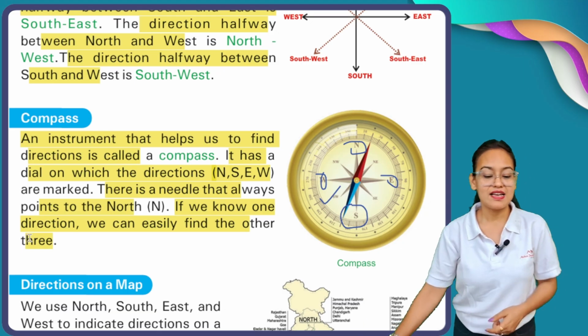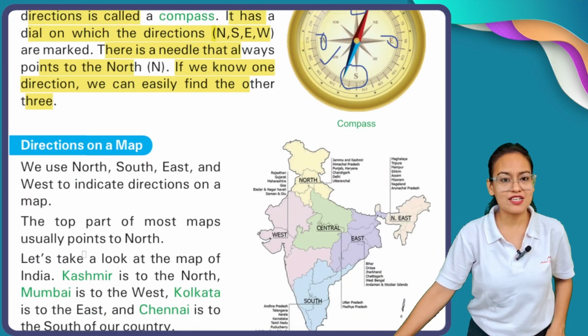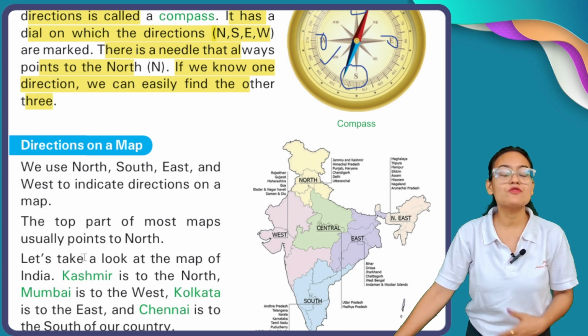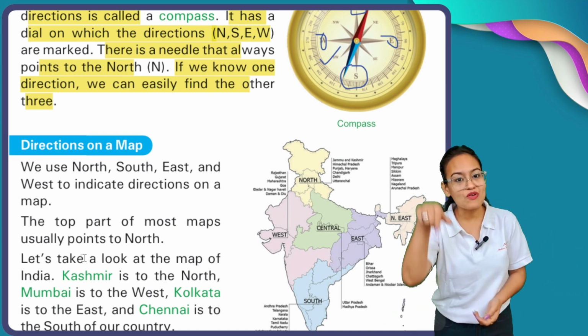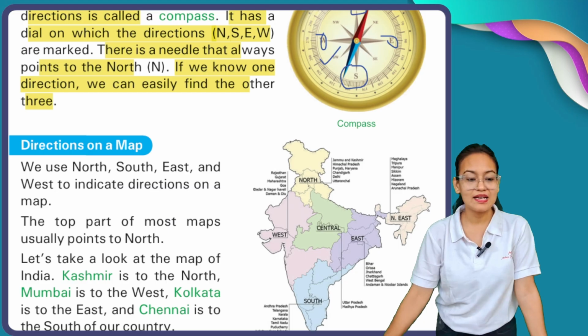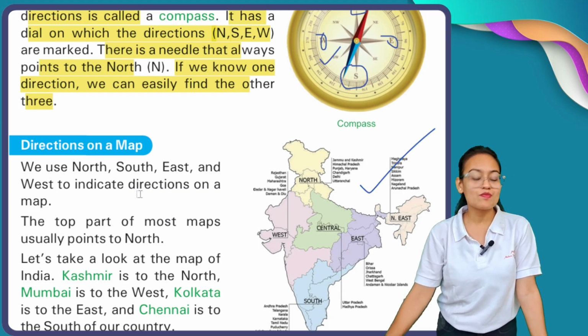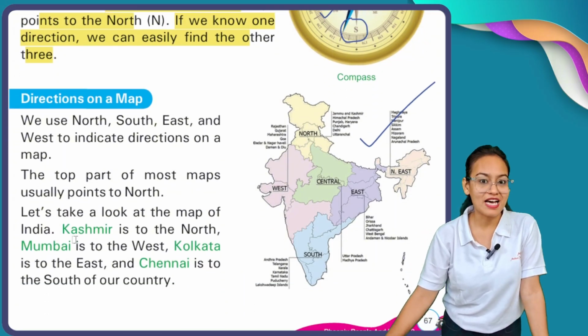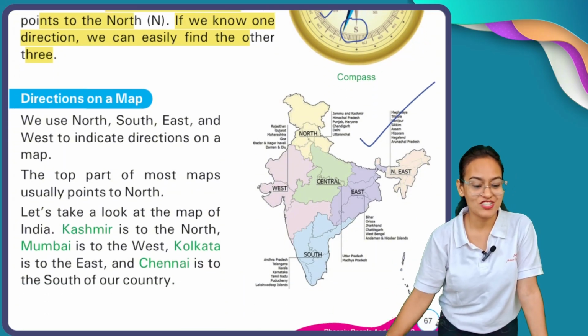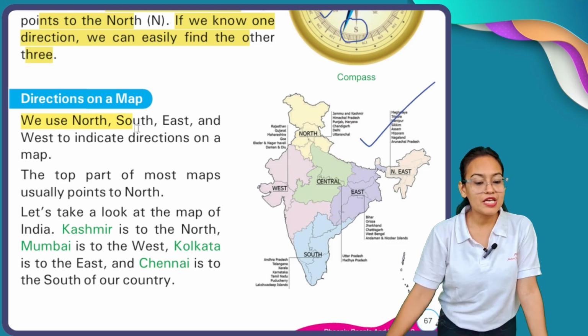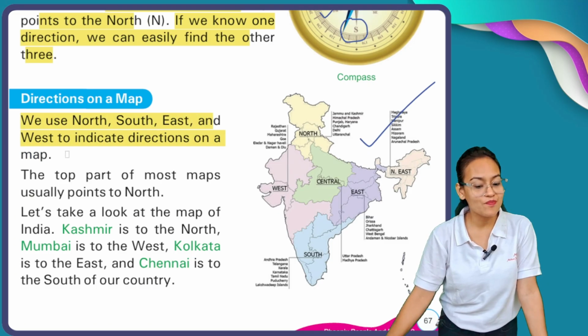Now this is all about our directions, but sometimes we have to find directions on a map. Here you can see this is the map of India. How are you going to find directions on it? We use north, south, east and west to indicate directions on the map.